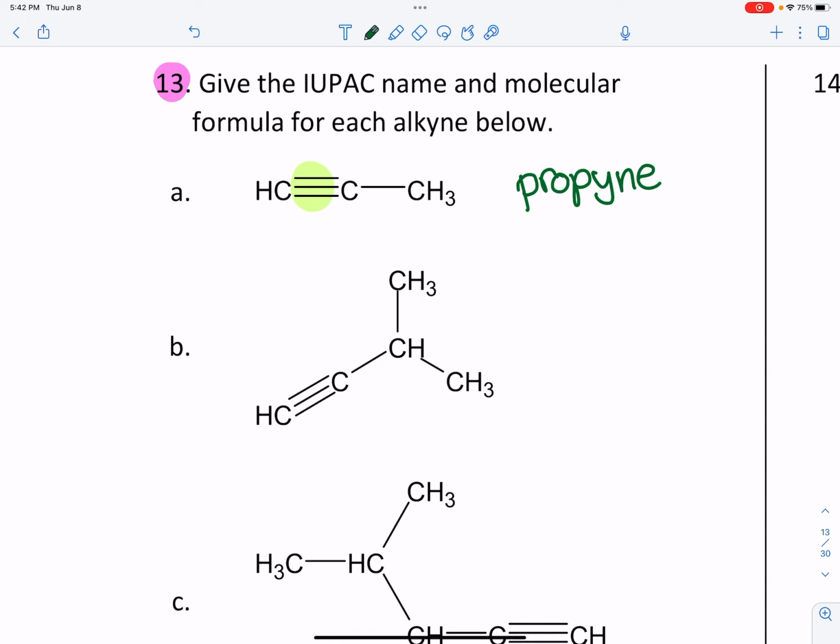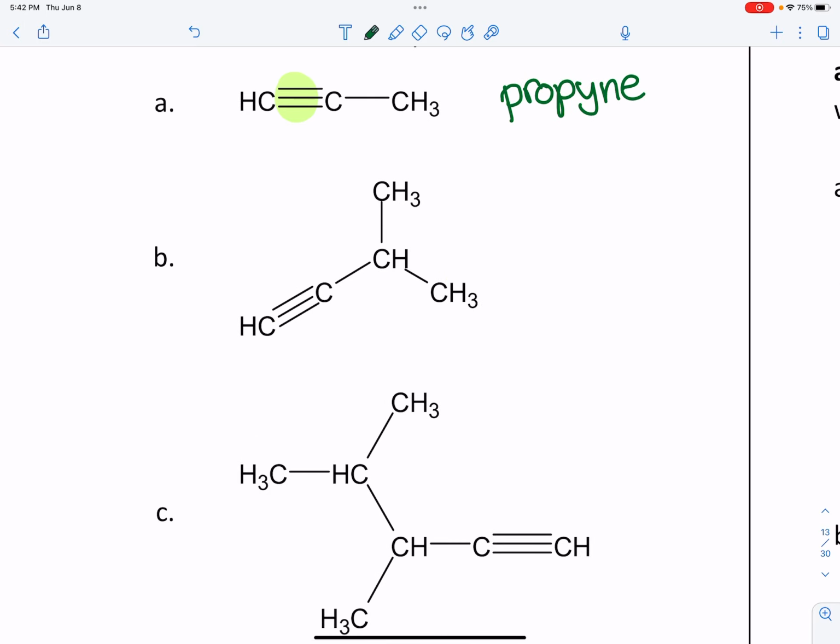In the next example, it's a bit more complicated. Find your parent chain. 1, 2, 3, 4. So 4 carbons. I see the triple bond, so I realize it's an alkyne. With 4 carbons, it's going to be butyne. But the triple bond with 4 carbons could be in more than one place.